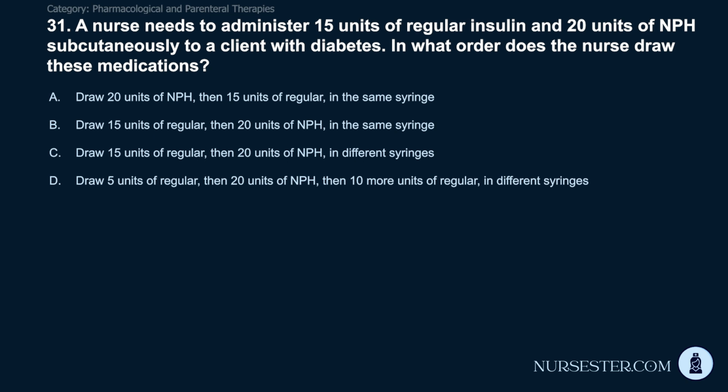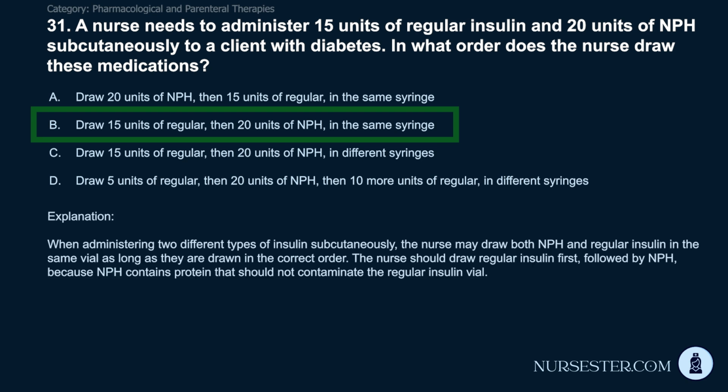C. Draw 15 units of regular, then 20 units of NPH, in different syringes. D. Draw 5 units of regular, then 20 units of NPH, then 10 more units of regular, in different syringes. Correct answer: B. Draw 15 units of regular, then 20 units of NPH, in the same syringe.